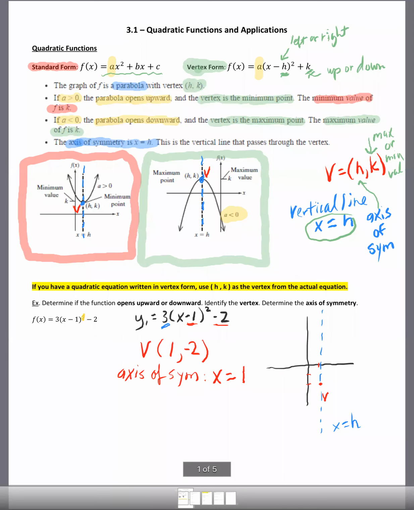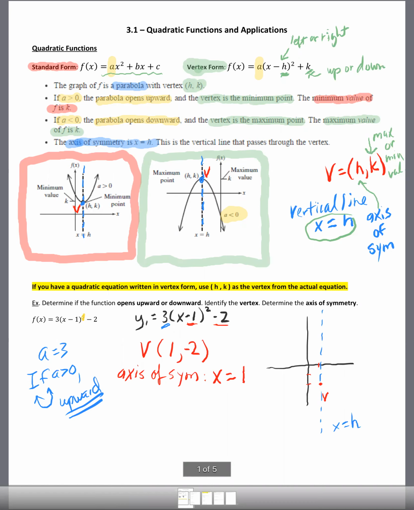The A value is a 3. And they said if A is bigger than 0, then the graph is going to face upward. So I already know that the graph is going to go up. I know that the vertex is 1, -2. And I know the axis of symmetry is x is equal to 1.